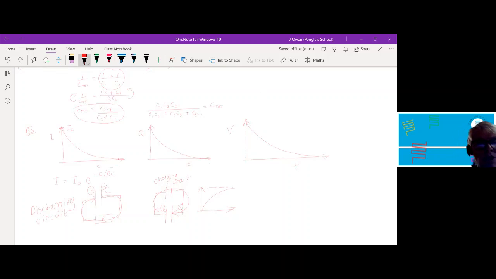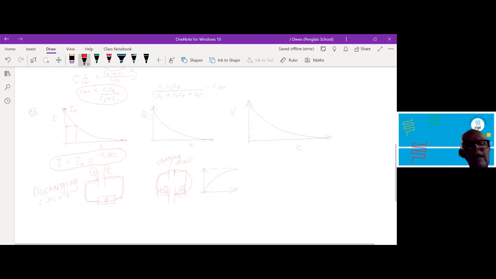So this equation relates to your discharging circuit, and with time t you can work out what your current is, depending on the size of the capacitor in your circuit and the amount of resistance resisting the flow of the charge off the capacitor plates.